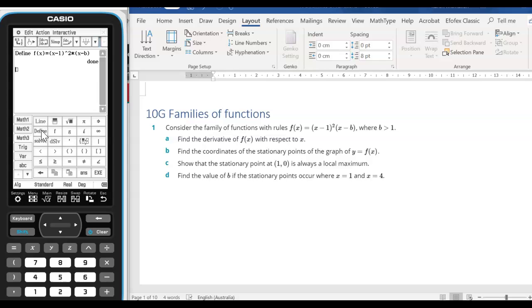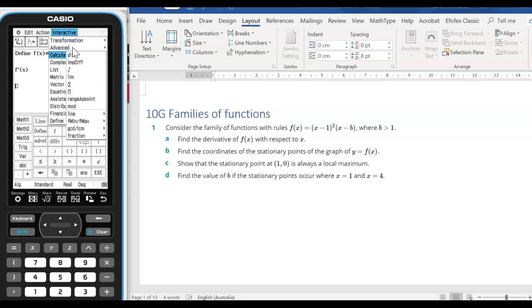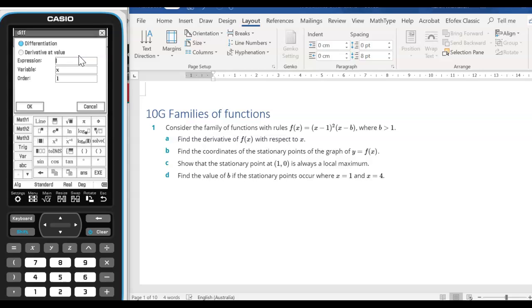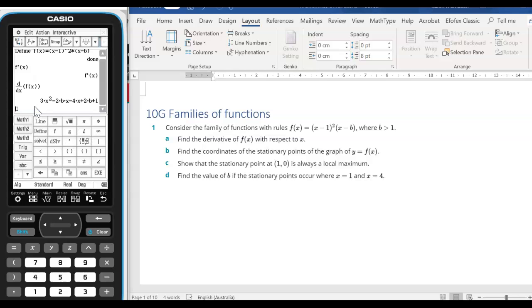Okay, so we've defined f of x, and now we can find the derivative, f dash x. Oops, it's not going to do it for us. Let's do the derivative. Okay, so there's our derivative of f of x.